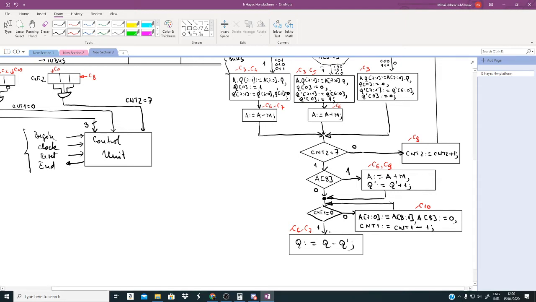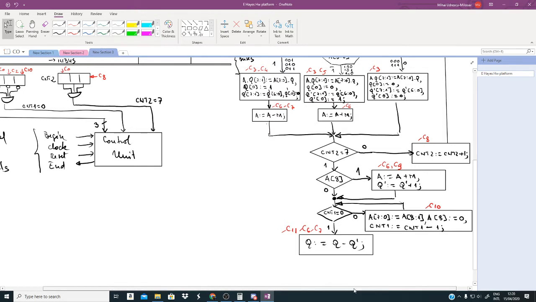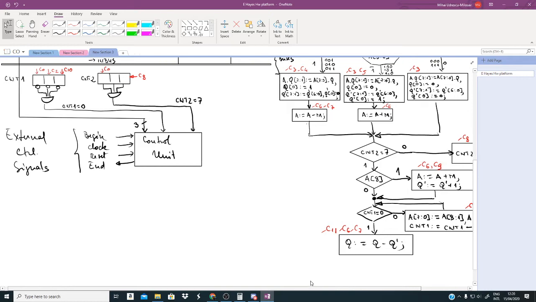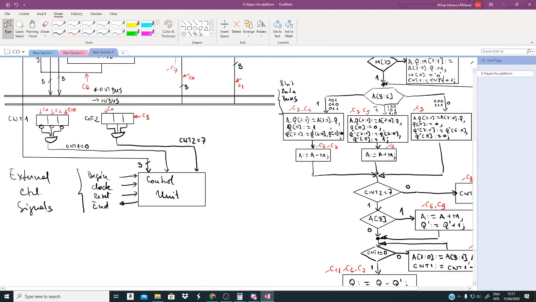And at the same time, I don't have the space here, but I'll put it here, activate signal C11. Why? Because C11 tells us that we are no longer doing arithmetic operations or additions between A and M. We are doing additions, well, in this case of subtraction, between Q and Q prime.